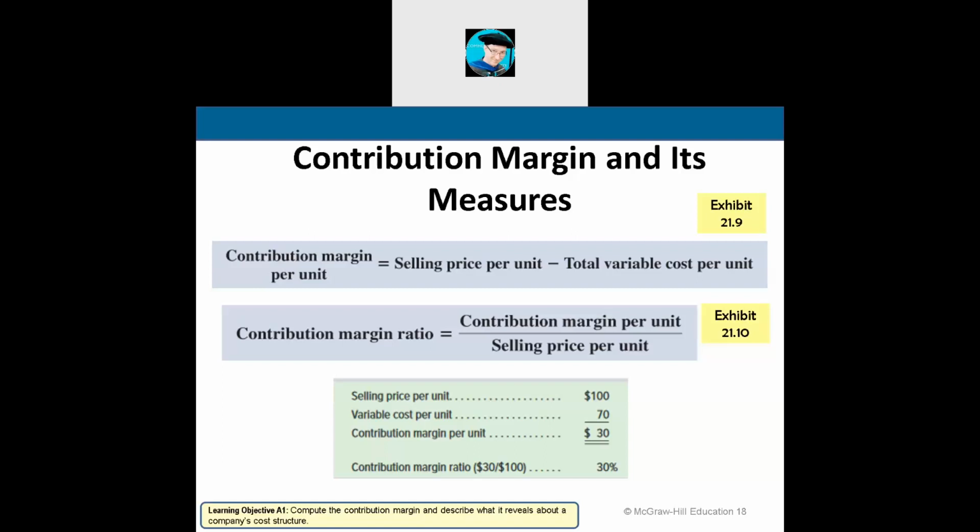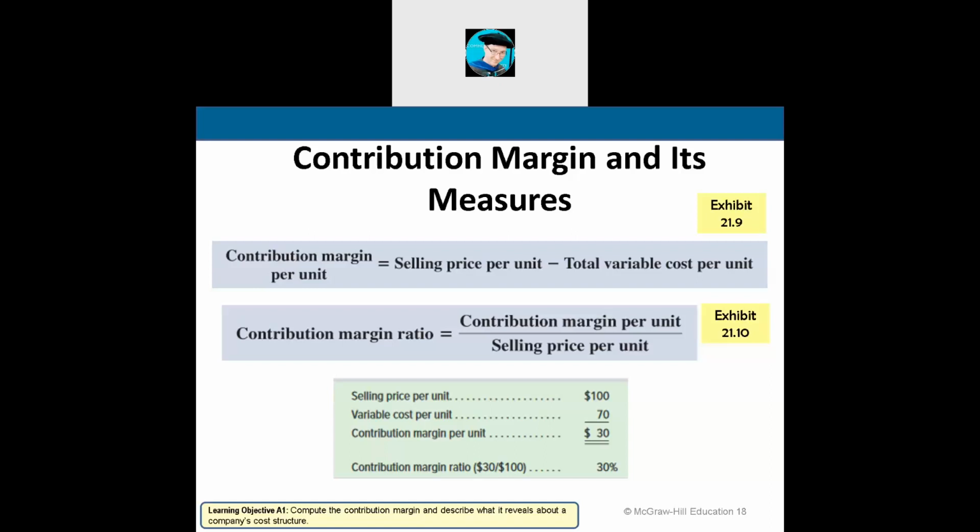Okay? If our sales price, for example, is $100 per unit, and our variable cost per unit, direct materials, direct labor, factory overhead, is $70 per unit, that gives us a contribution margin per unit of $30, which is just like saying, hey, for every unit I sell, I make about $30 gross profit. Sweet. That's awesome, right? Yeah. Super cool. Okay. So that's contribution margin per unit.